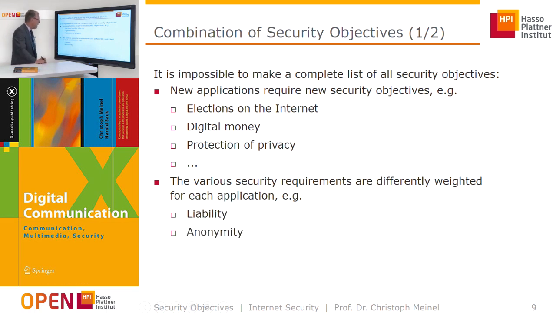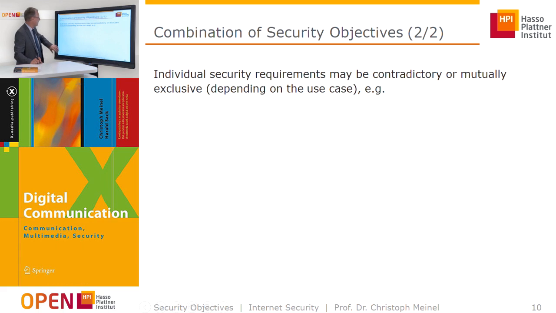For example, liability and anonymity in some business communication. On one side, it should not be possible to profile a person by what the person buys in the system. On the other side, a kind of anonymity should be guaranteed. So you see, for each application, one has to think about the right balance between the different security objectives.